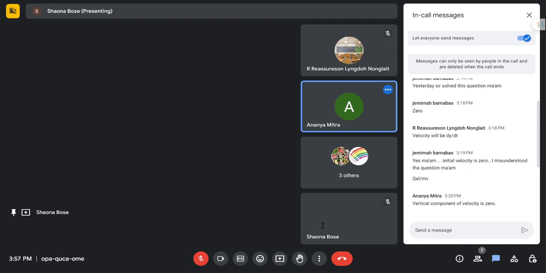So the solution is the gram equivalent weight of silver is around 108 by the valency over here, which is 1, so that is 108 grams only.